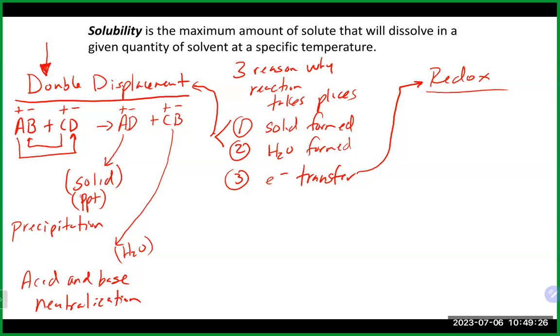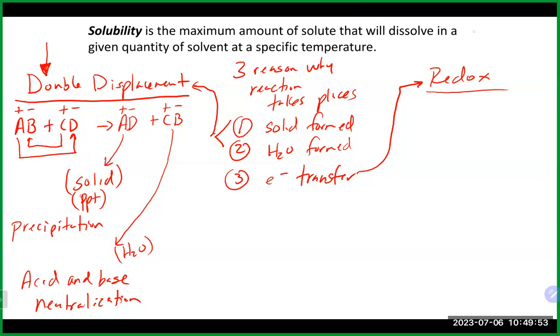So that brings us to solubility. The maximum amount of solute that will dissolve in a given amount of solvent is how soluble something is. A solution is made up basically of two things: a solute and a solvent. The solute is typically the thing that's dissolved in the solvent. A lot of times we use water as our solvent. So we'll dissolve an ionic compound in water and it will dissolve and make a solution.